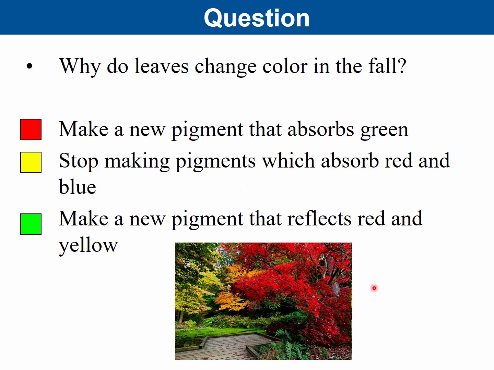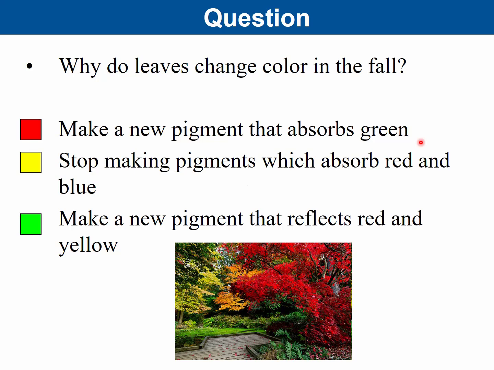So what ends up happening is that in the fall, as they prepare for winter, they stop making chlorophyll A and chlorophyll B. But the carotenoids, those accessory pigments, hang around a little bit longer. If you looked back at your spectrum, remember that chlorophyll A and B absorb the violet, indigo, blue, orange, and red, but not the yellow and the green.